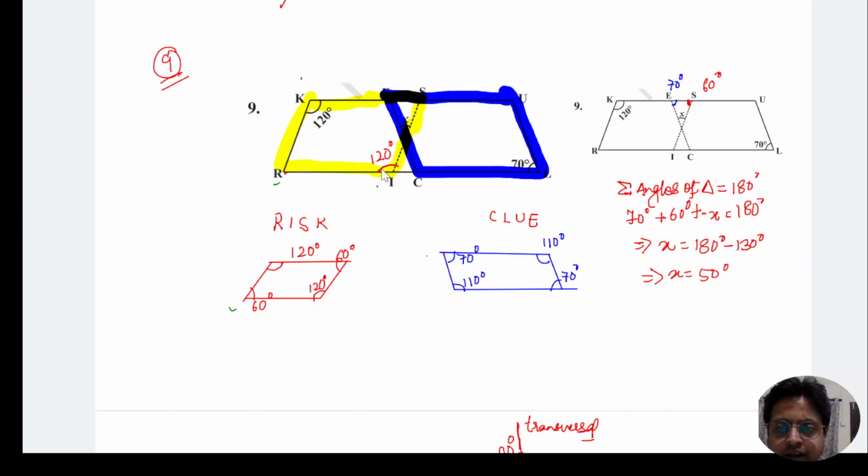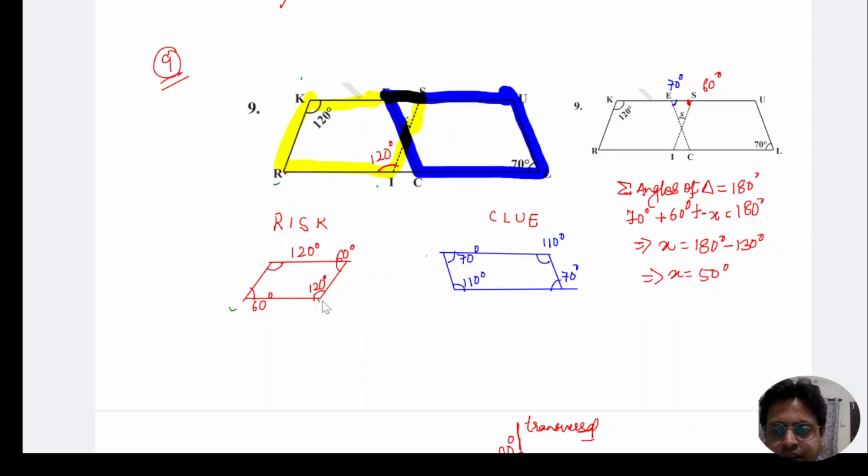One angle is already given, this angle is 120 degrees. Since opposite angles in a parallelogram are equal, this angle is also 120 degrees. I have drawn the yellow figure to show parallelogram RISK, and the blue lines to show the other parallelogram, CLUE.